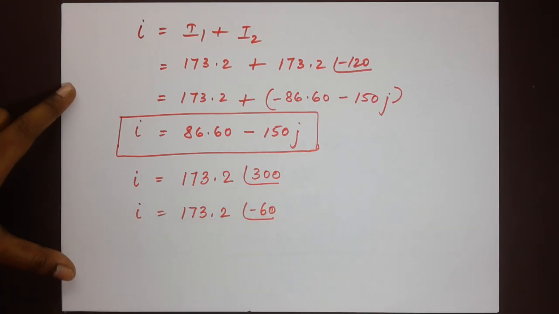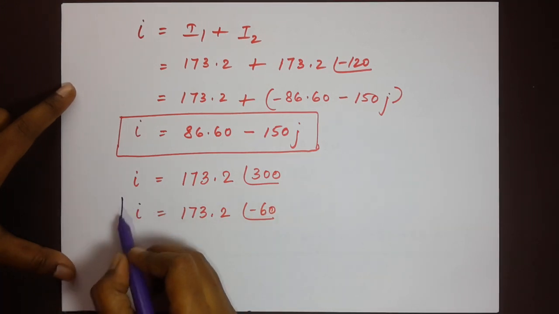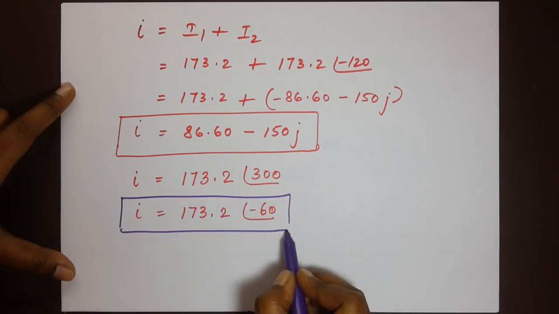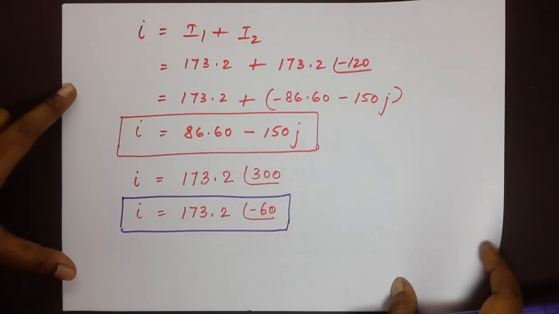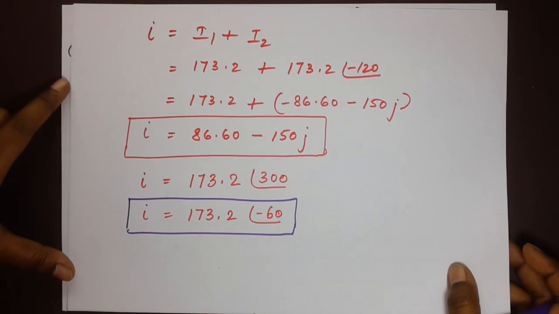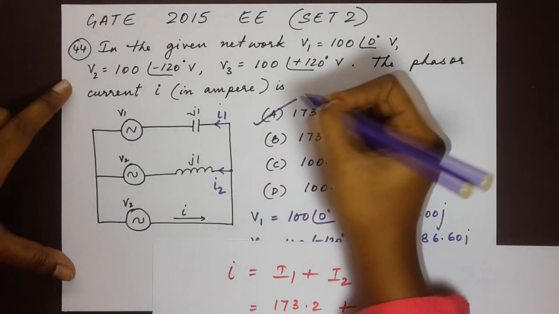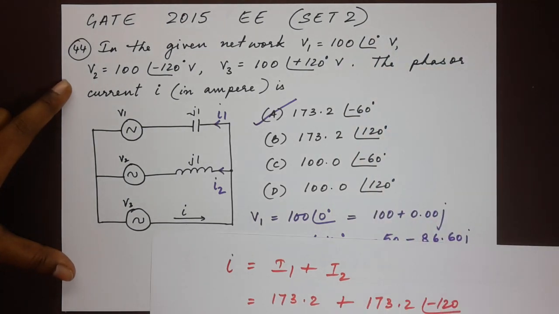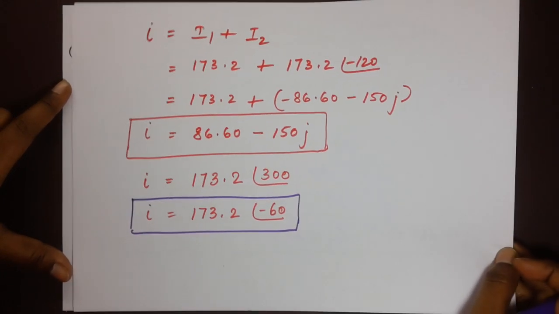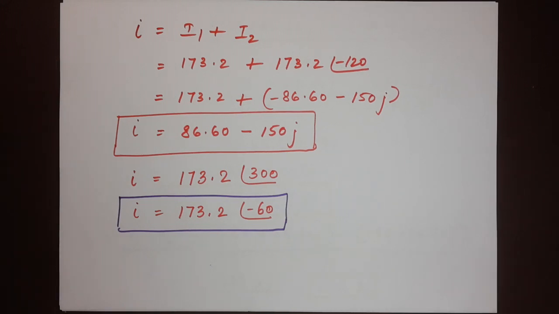So this is our final value for I, 173.2 angle minus 60. And this matches option A. So option A is the right answer. This is the entire solution and I hope it has helped.